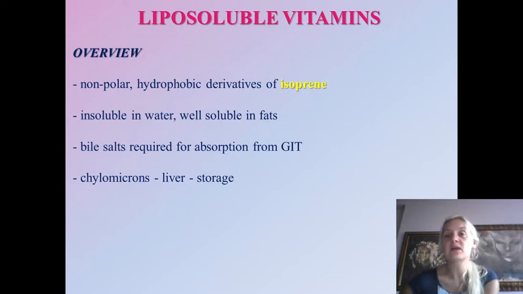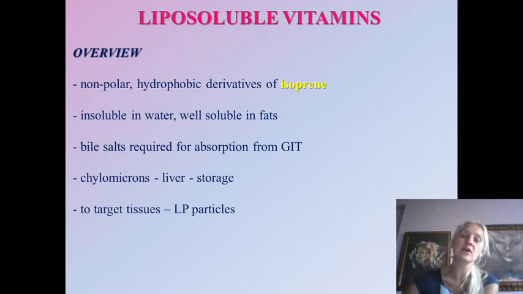After that, they can be exported to systemic circulation, and they can be transported to target tissues and target cells in the forms of specialized lipoprotein particles, like we had with the story on lipid molecules and lipid metabolism as well.